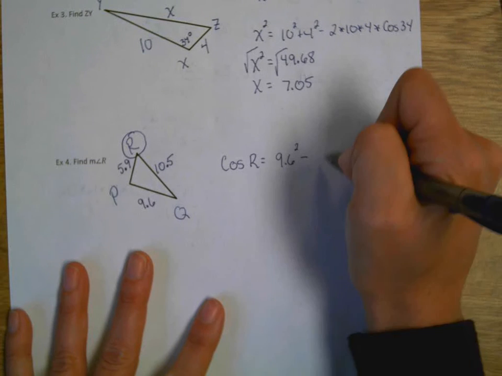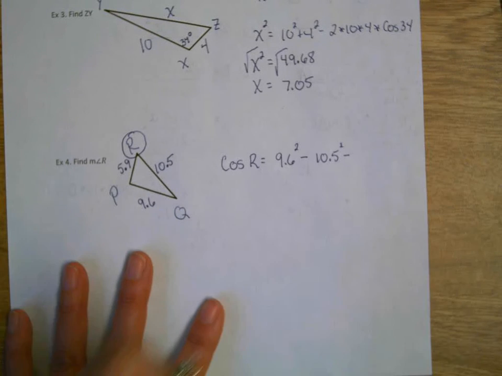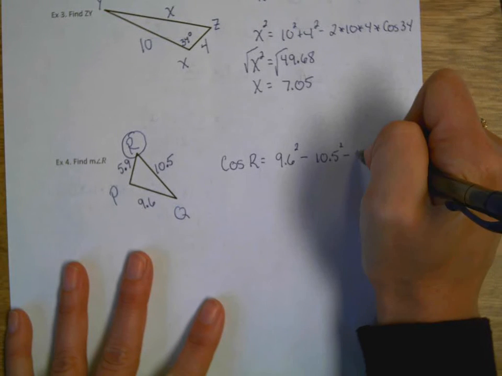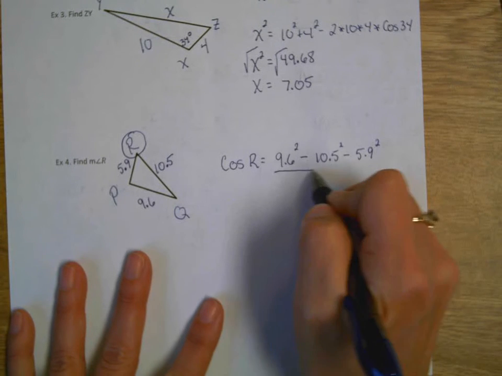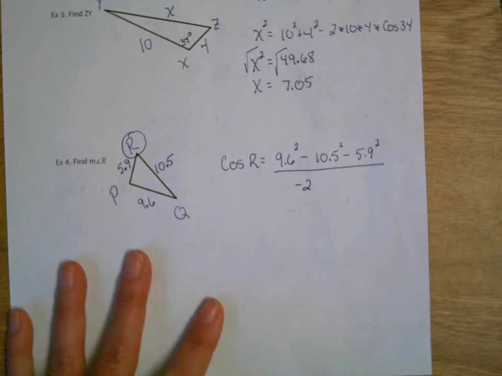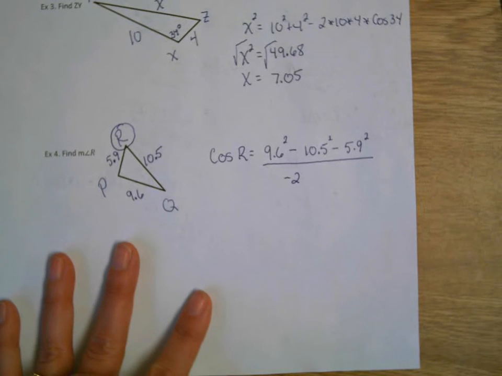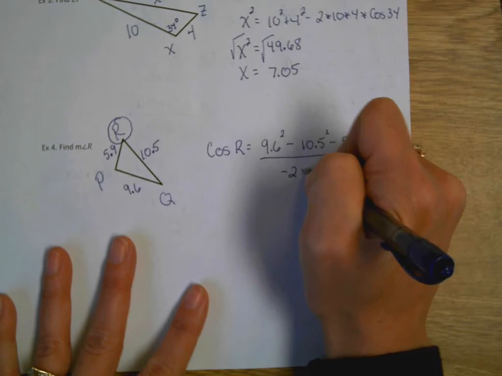Would it be 10.5? Yep, 10.5 squared. Then what do you subtract? 5.9. Yep. And then in the bottom, you've got a minus 2. And where do I get the other two numbers that are down in the bottom? Would it just be 10.5 and 5.9?